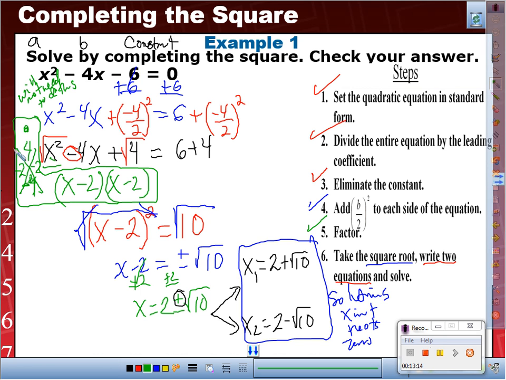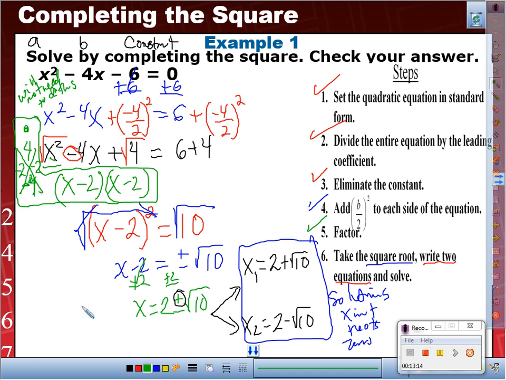Why won't we need to do this? Because you can do the square root of the first, square root of the last, and that's how you get the factors. I just showed you the long factoring method so you can see how it's done using the diamond, right? Are we there?